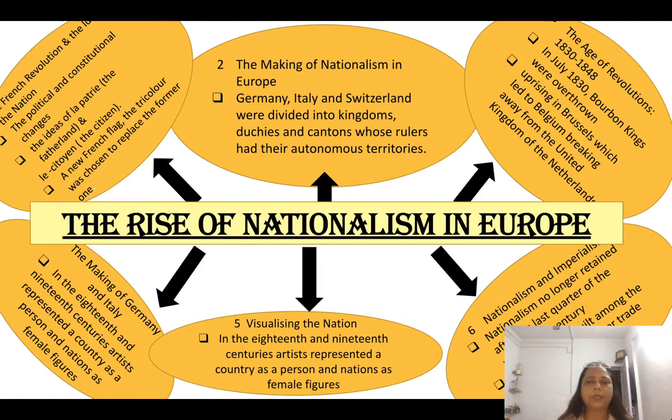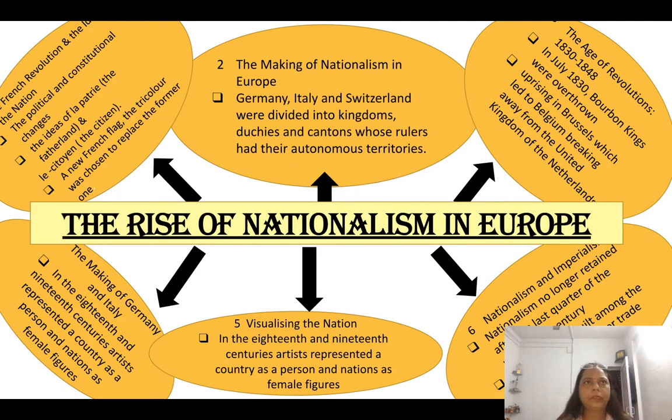The second point is the making of nationalism in Europe. Germany, Italy, and Switzerland were divided into kingdoms, duchies and cantons whose rulers had their autonomous territories. They were an example for the other bigger nationalities, and they were ruling rather more successfully than the bigger countries.